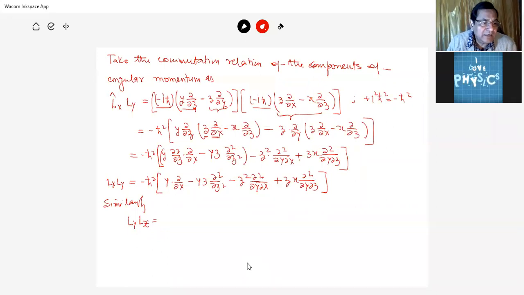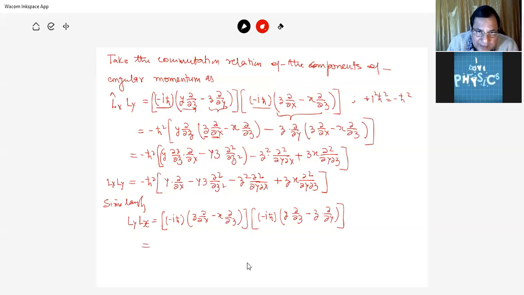This is Lx, this is minus iħ cross Ly. Ly is this much, z ∂/∂x minus x ∂/∂z, into minus iħ cross Lx, y ∂/∂z minus z ∂/∂y.